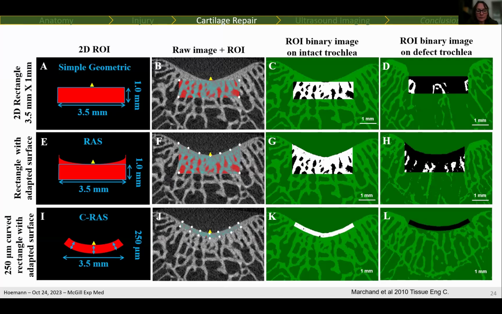One was called rectangle adapted surface, and then these CRASs, which were little strips of VOI, of volume of interest, at different intervals from the surface. So at the bottom in panel K, you can see that the CRAS that covers the bone plate is pretty much all calcified, but this is the calcified cartilage layer, basically, with the subchondral bone plate, like in the Goldner stain.